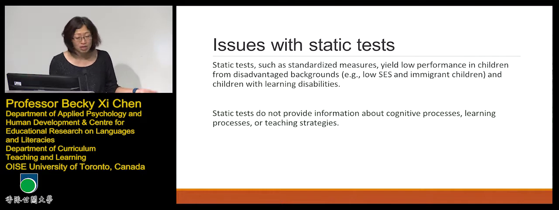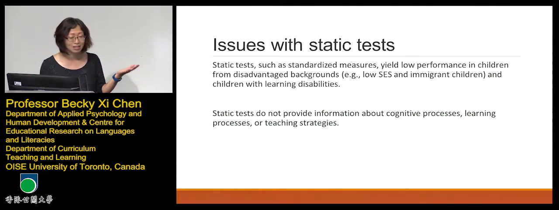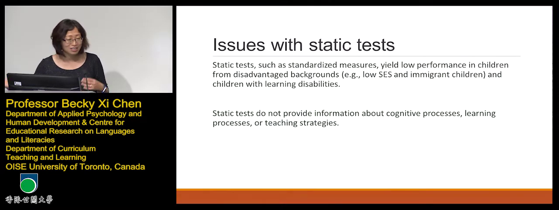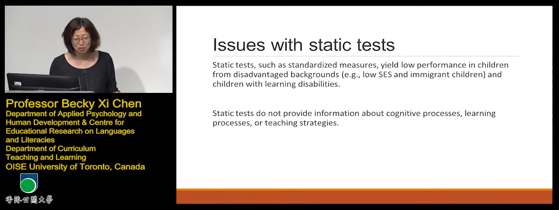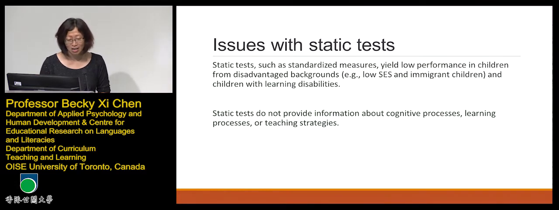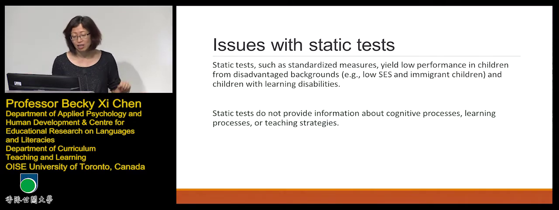So they're not familiar with these standardized tests used in Canada. If you give them standardized measures, they may do very poorly. But is that because they have a learning disability, or is it because they just need more time to learn the procedures for these tests? So static tests will not be able to differentiate between the two scenarios.